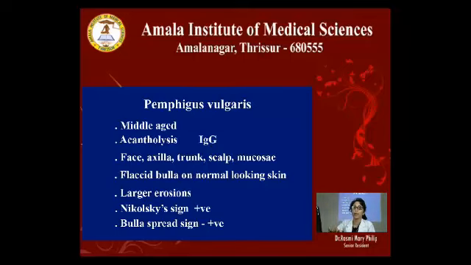Then we term it a positive Nikolsky sign, and this is seen only in case of an intraepidermal blister. The bulla spread sign is elicited in the following method. You mark the borders of the blister with the help of a pen, and a perpendicular force is applied from top, and if the blister spreads beyond the area that is marked, then the bulla spread sign is positive.